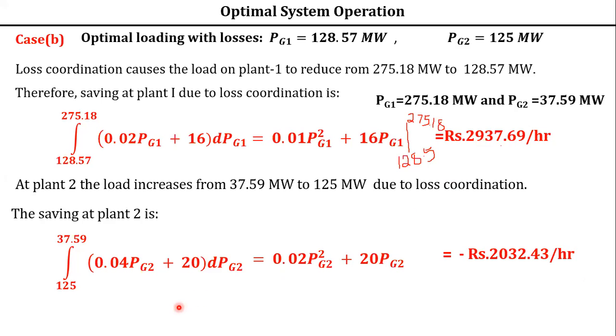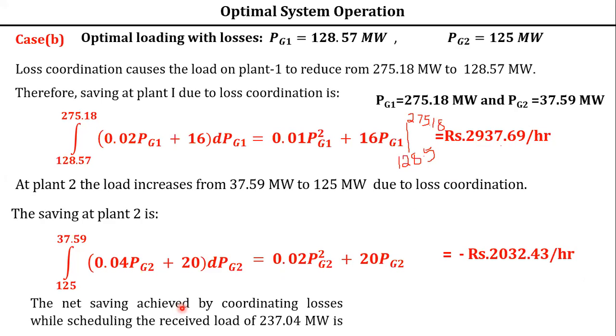So the net savings achieved by coordinating losses while scheduling the receiving load of 237.04 megawatt is equal to 905.26, the difference between these two. 2937 minus 2032.